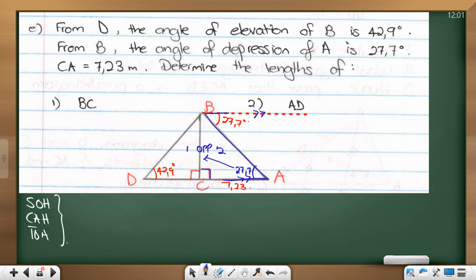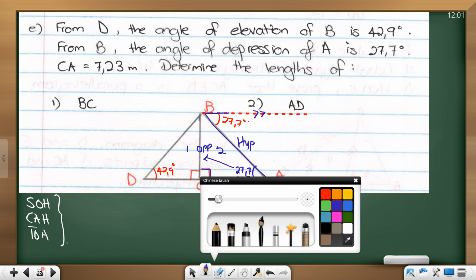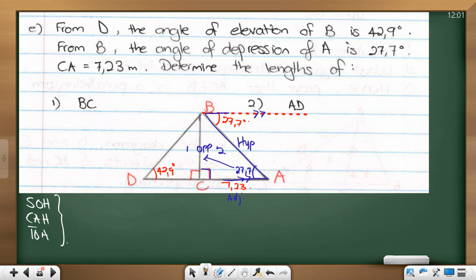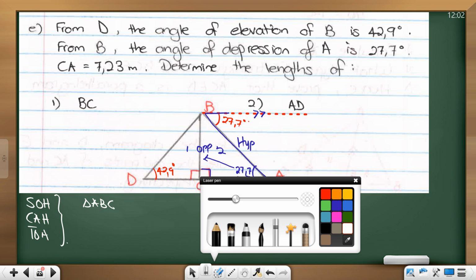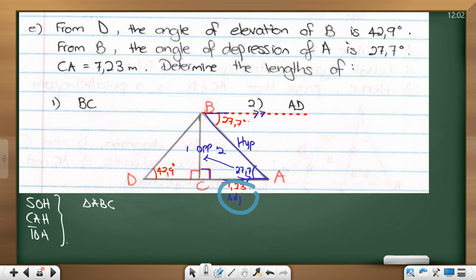The side facing the 90 degree angle is called the hypotenuse. The third side next to the angle is called the adjacent. What do we have in triangle 2, triangle ABC? We have the adjacent, and we are looking for the opposite. Are you okay there? So what trig ratio?